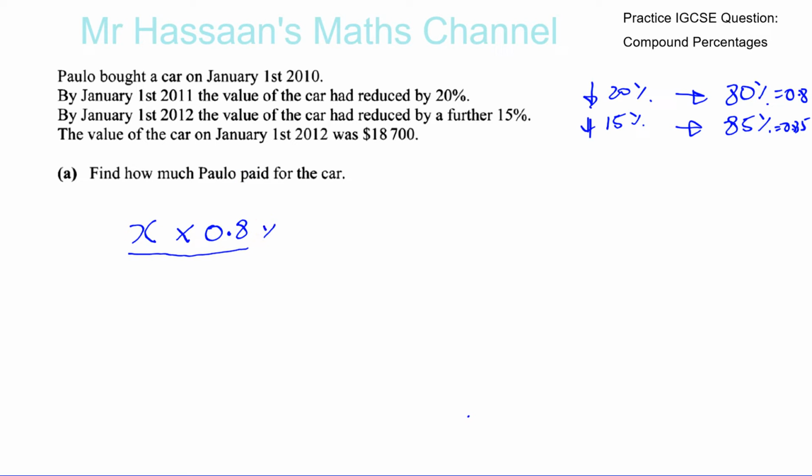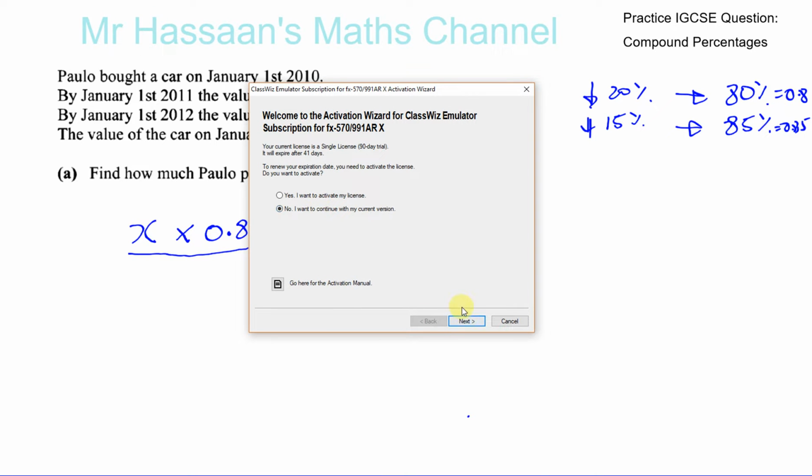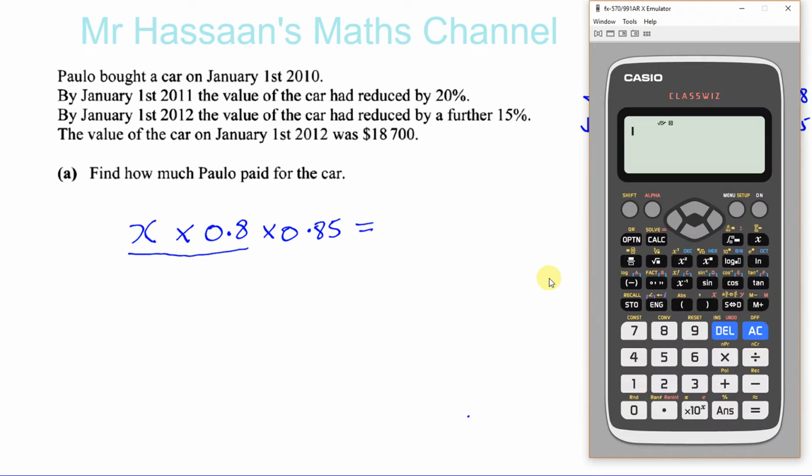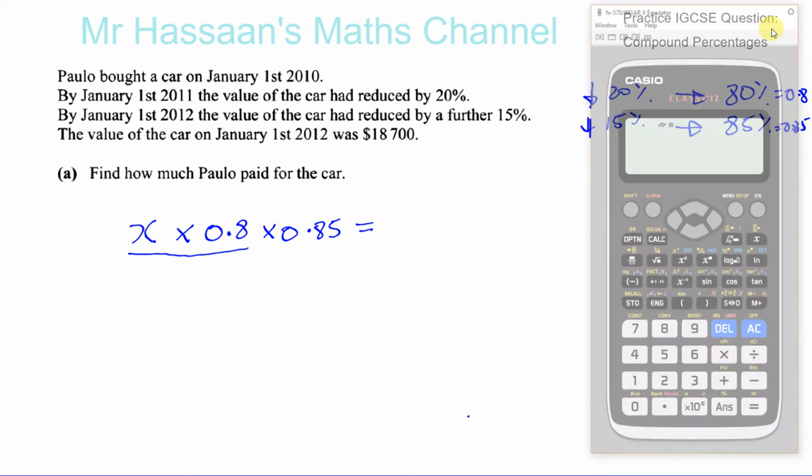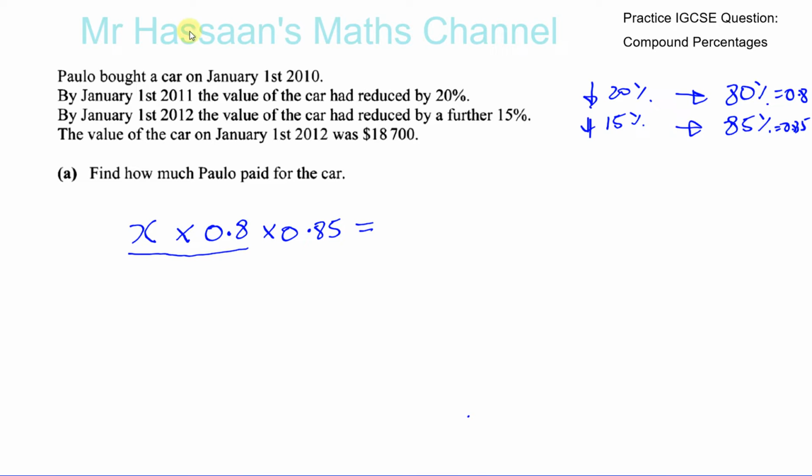If we calculate this, we can't yet, we have another step to do. This is going to be its value on the 1st of January 2012, which is 18,700.